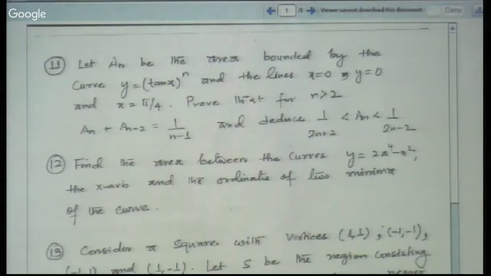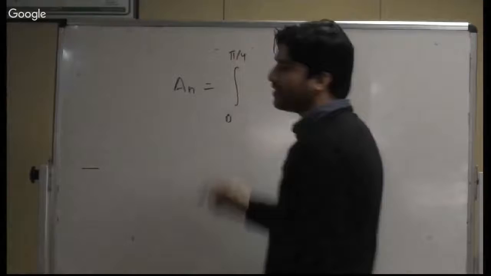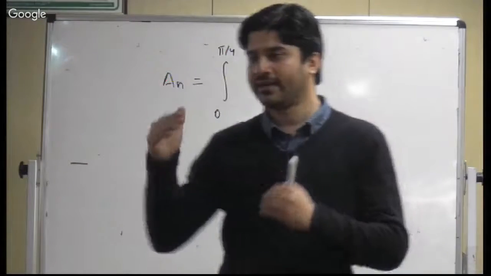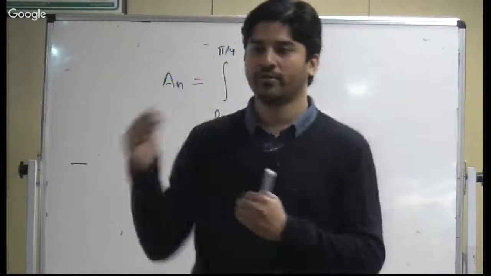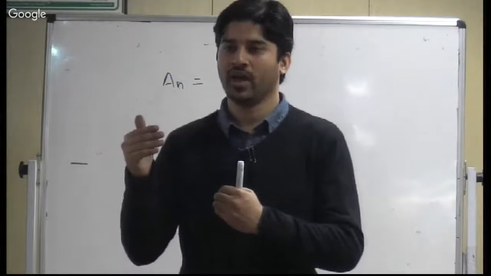So how to go for it? I see an, I see tan x to the power n, so I'm going to do the reduction formula thing, right? So first I must understand how to find an. So what my an is going to be? 0 to, okay, tell me tan x from 0 to pi by 4, where does it lie? What is the range of tan x from 0 to pi by 4? 0 to 1, right? 0 to 1.